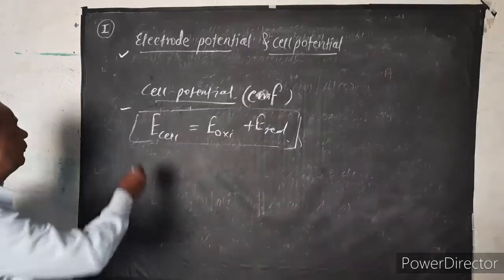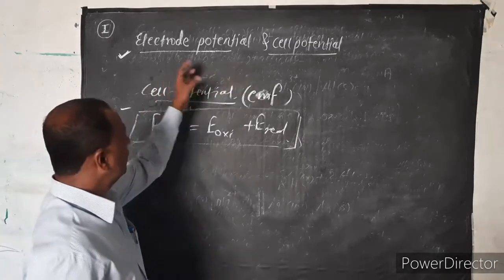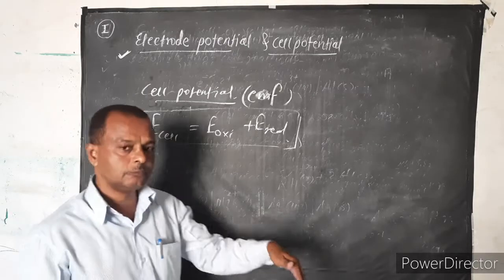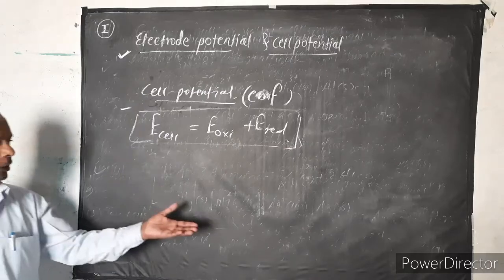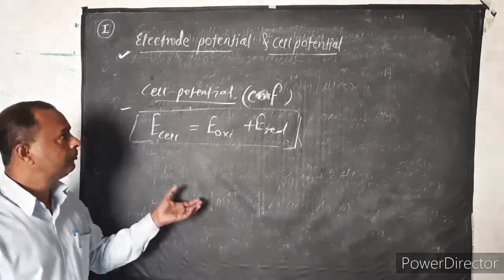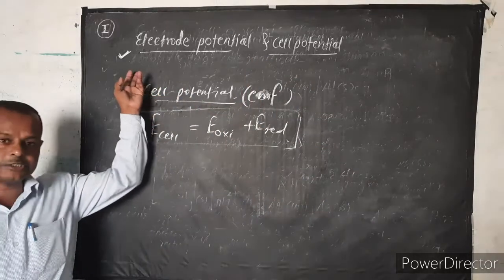Now we are going to study electrode potential and cell potential. These two are related to each other. One single electrode potential is developed at one electrode, and another single electrode potential at the other electrode. If you join these two and take the algebraic sum of the two electrode potentials, you get the cell potential. Now what is electrode potential?